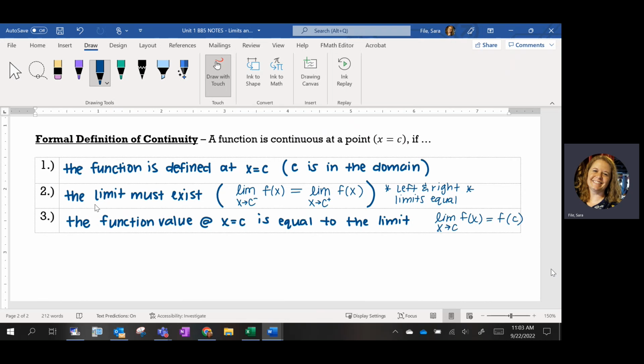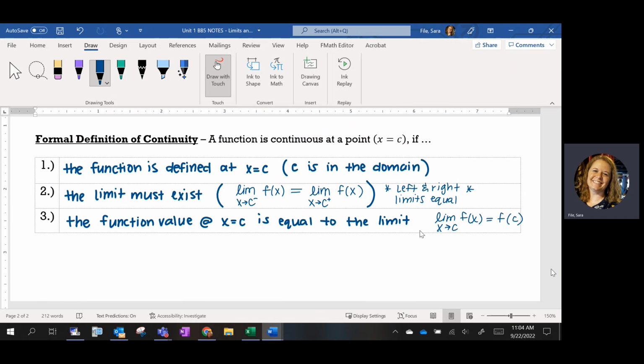Okay, the limit must exist, meaning the limit from the left is equal to the limit from the right. And then if both of those happen, those need to be equal to each other. The function value, wherever it's defined at x equals c, has to be equal to the limit. So the limit has to equal the function value when you evaluate at c.